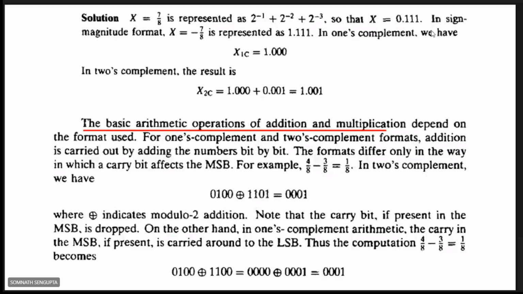That is the 1's complement. Then what will be the 2's complement? Can anybody tell? Yes, sir, we add 1 to it. So 1.001 is the 2's complement of minus 7 by 8.